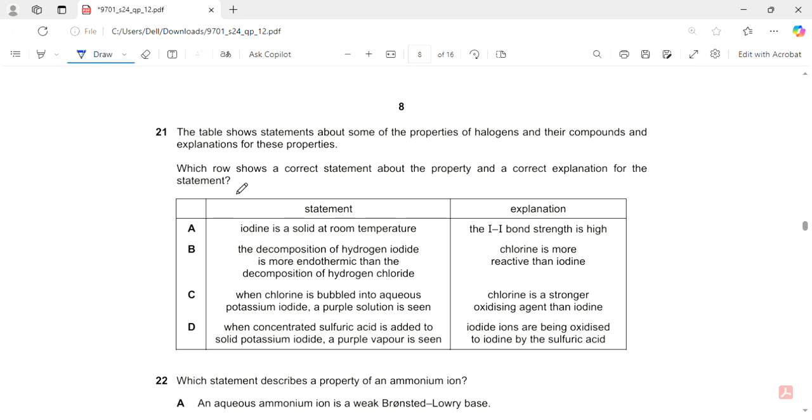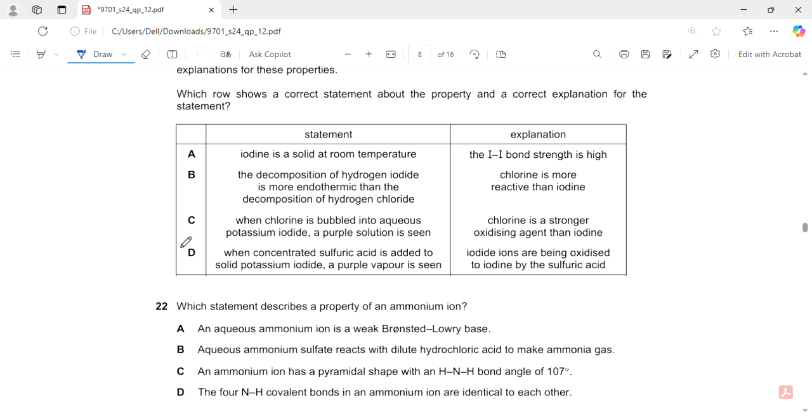The decomposition of hydrogen iodide is more endothermic than the decomposition of hydrogen chloride. No way. Chlorine has stronger bonds, and chlorine is more reactive than iodine. This is not B, it could not be the answer.